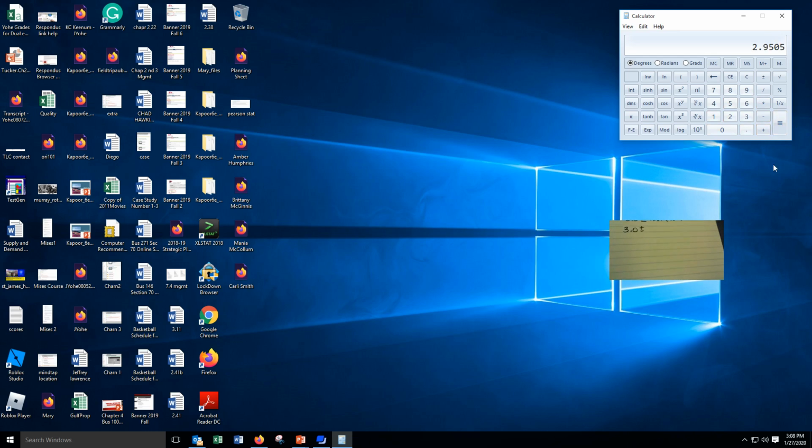That comes out to be 2.9505. So I've got 3 plus or minus 2.95. We'll round to there. So on the low end of my confidence interval, I'm going to subtract 2.95 from 3. The low end is going to be 0.05.